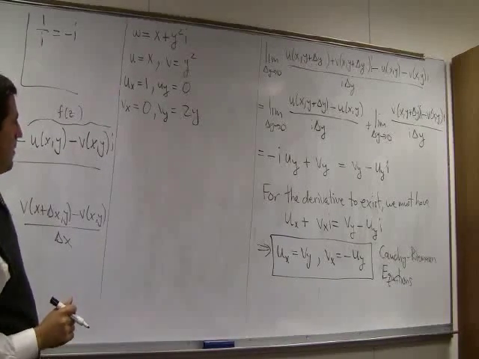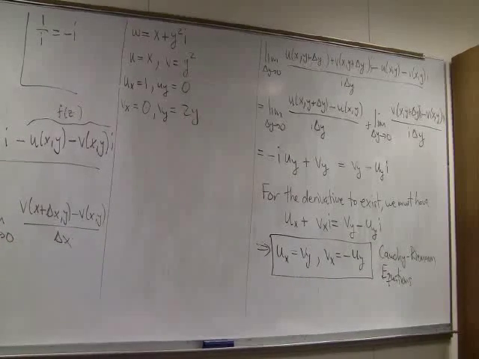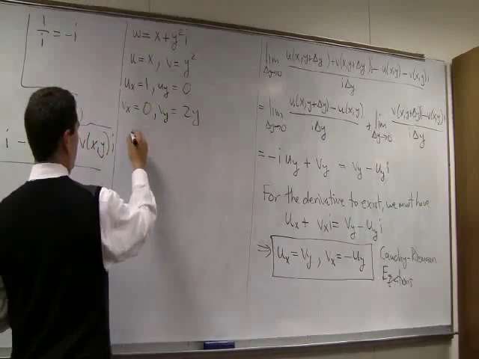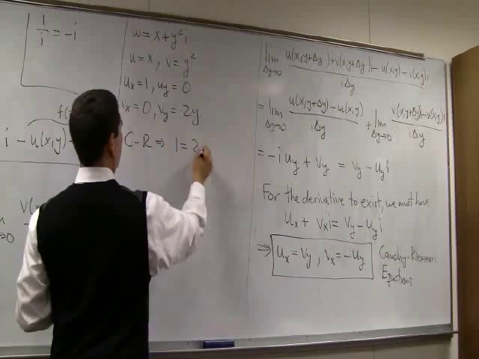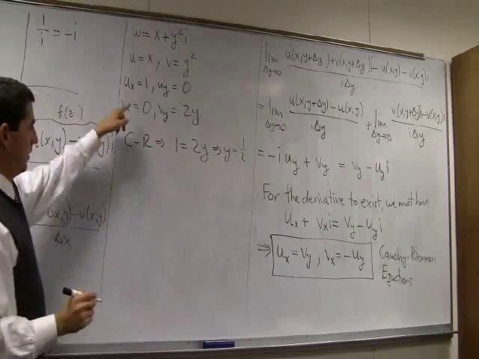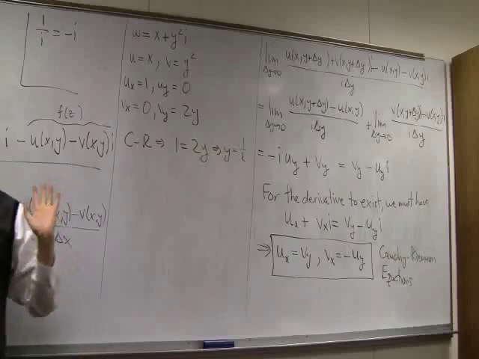Okay. So, for the Cauchy Riemann equations to hold, we need that ux equals vy. Well, let's see. 1 equals 2y. So Cauchy Riemann would imply that 1 equals 2y, which of course would mean that y equals 1/2. And vx should be minus uy. Well, that's 0 equals minus 0. That's no problem.